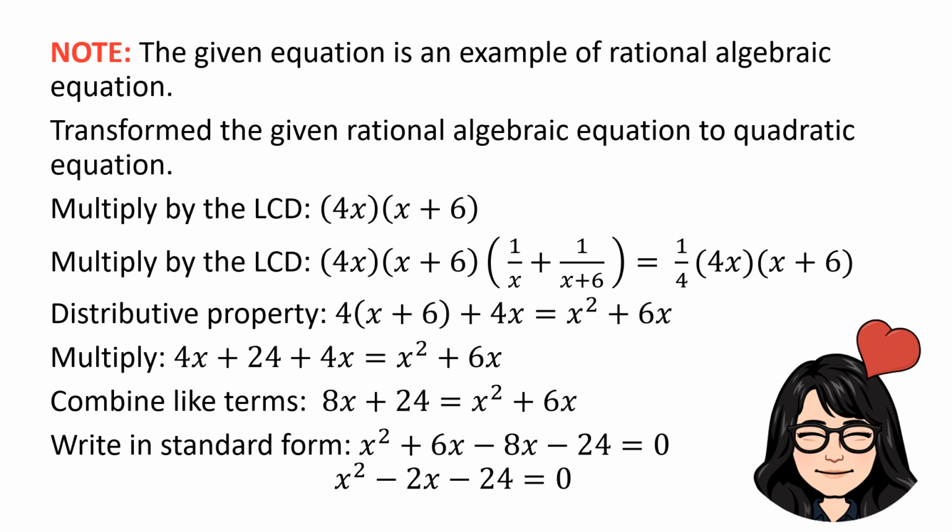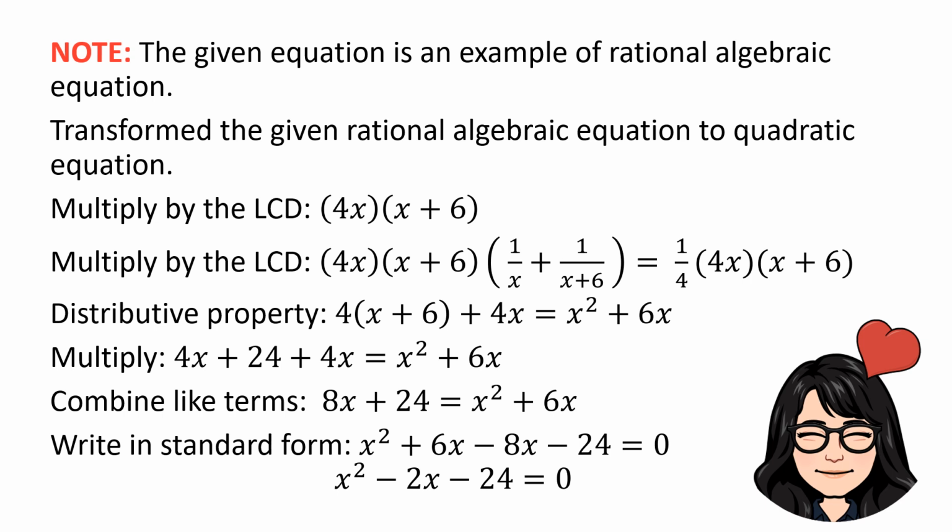Now, by the distributive property, distributing 4 by x and 6, then adding 4x, is equal to x squared plus 6x. So distributing 4 by x plus 6 will give us a product of 4x plus 24 plus 4x is equal to x squared plus 6x. Then combine similar terms. So we have 8x plus 24 equals x squared plus 6x.